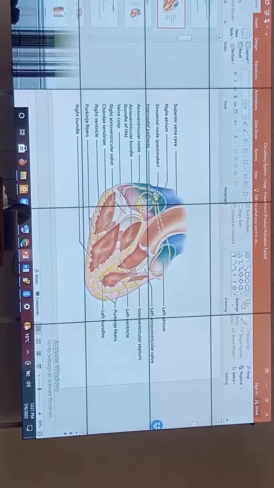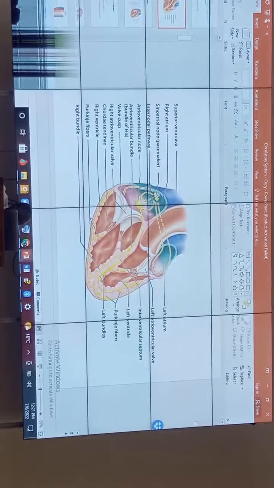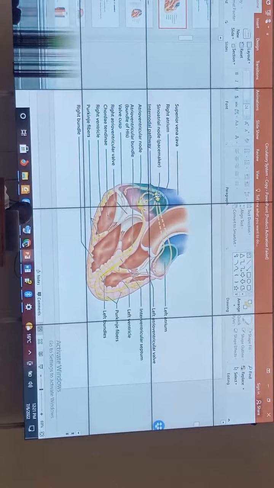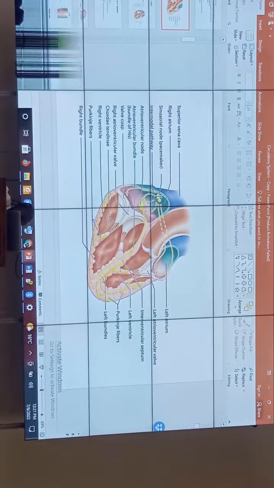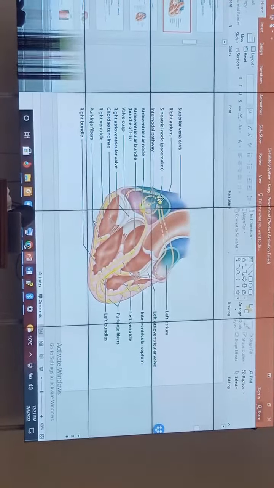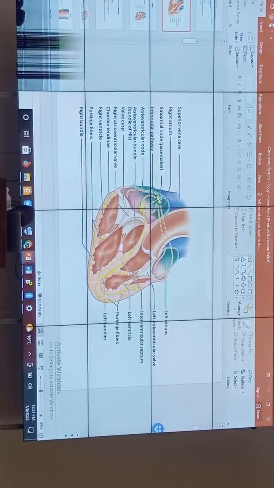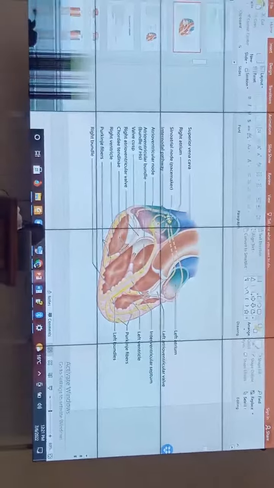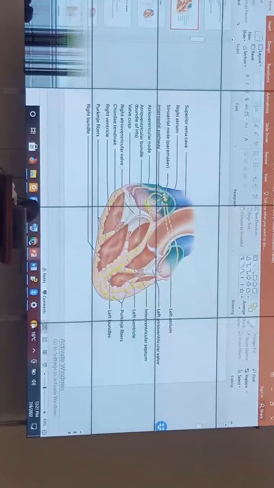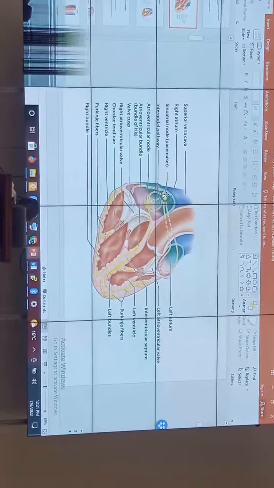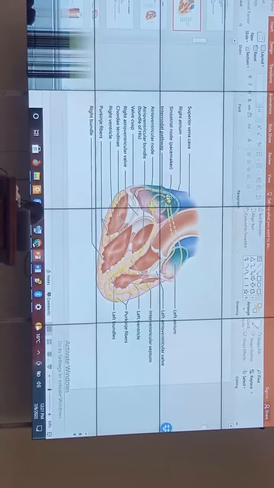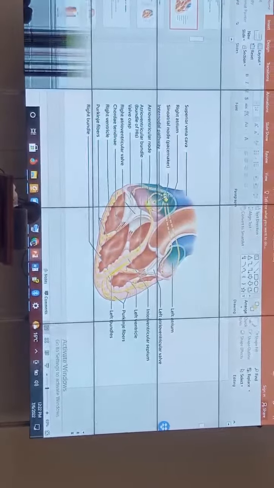We are now saying that in actual sense, the components of the conducting system of the heart are made up of cardiac muscle cells, except that these cells have a special function of not just contracting, but being able to generate impulses.